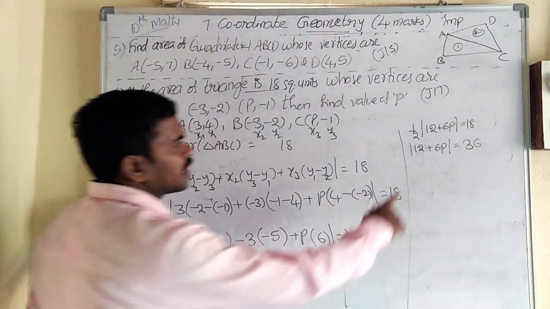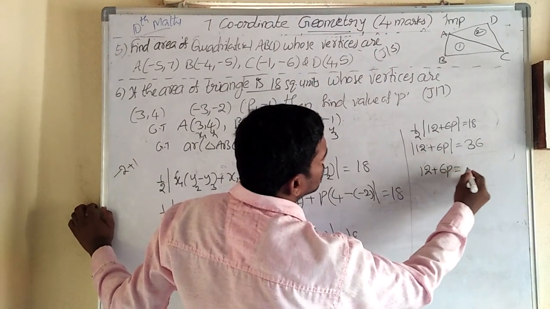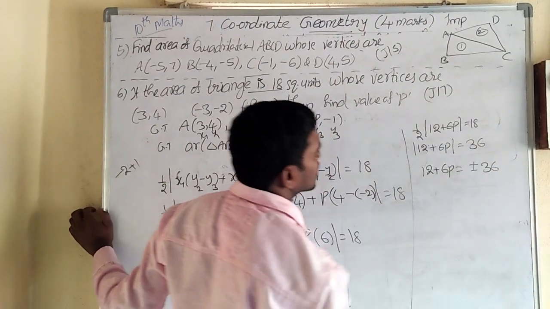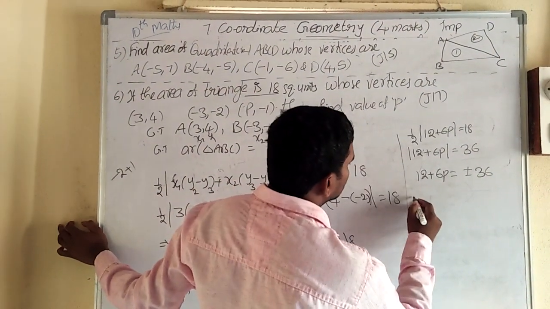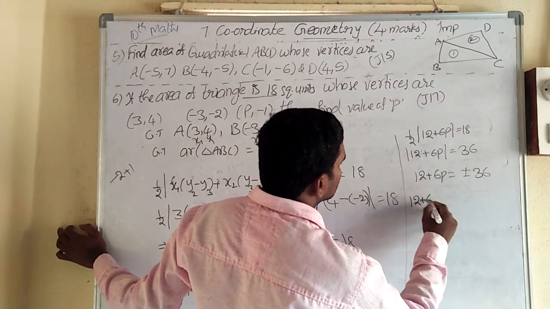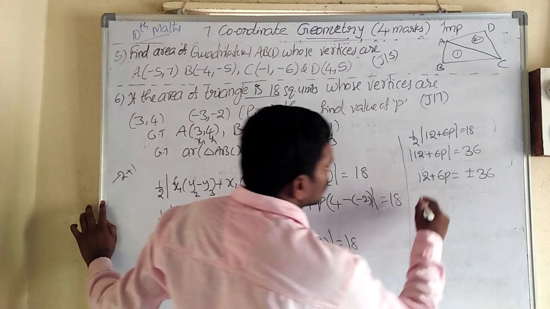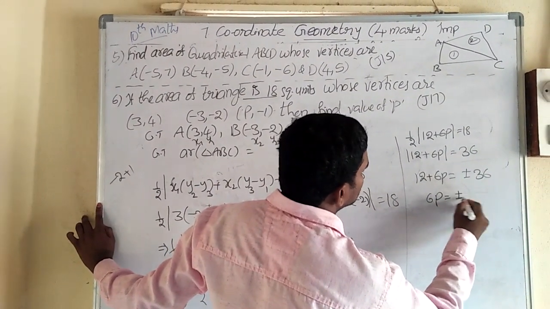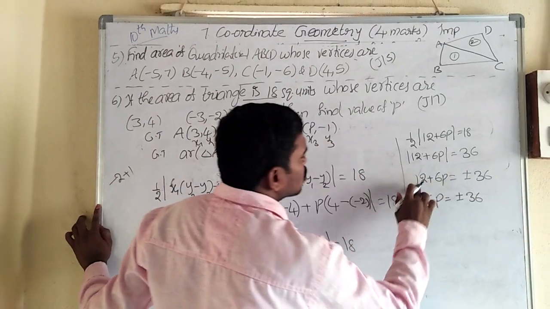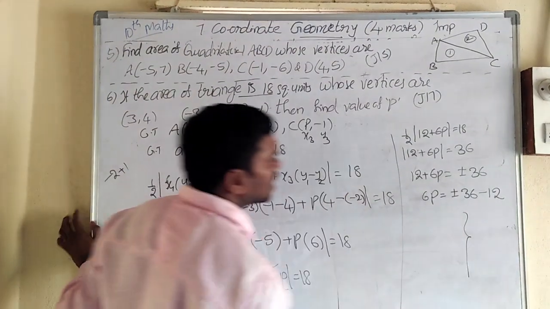Okay? We have to remove modulus. So to remove modulus, we get 12 plus 6p is equal to plus or minus 36. So 6p equal to plus or minus 36, plus 12 send right side becomes minus 12. So here again we get two conditions.